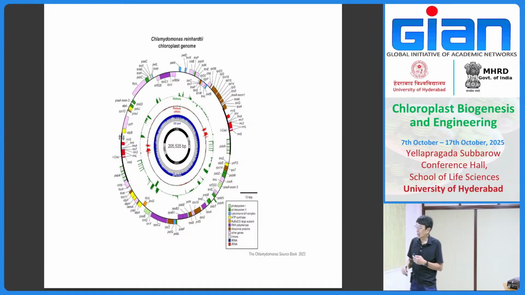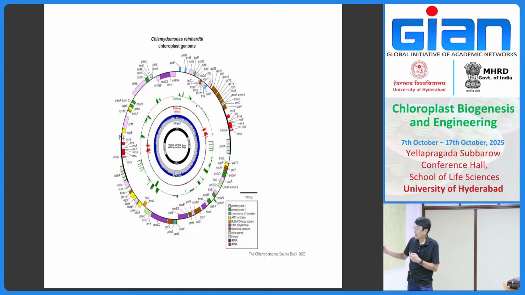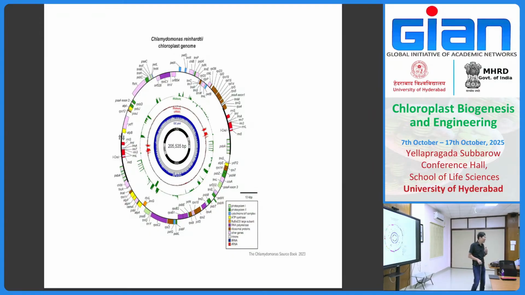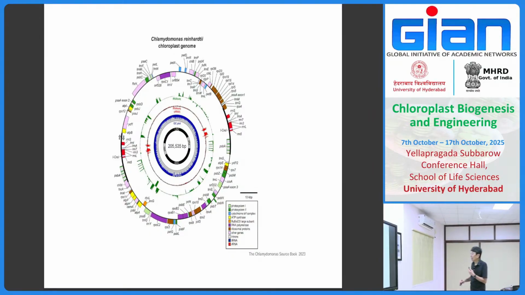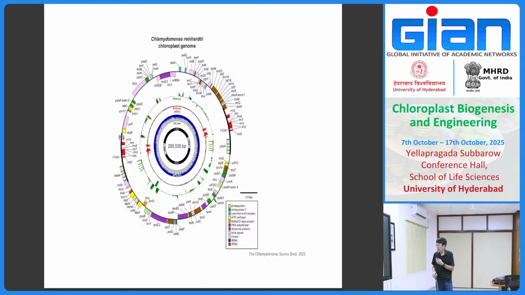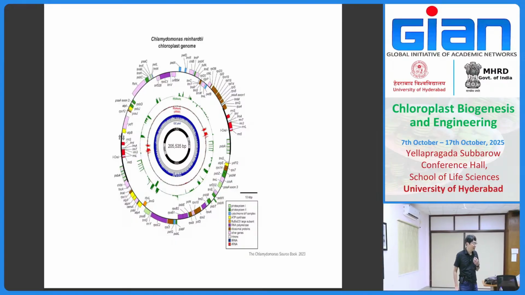These genes encode photosystem 2 subunits, and blue encodes subunits of cytochrome b6f, and this yellow is genes encoding subunits of ATP synthase.